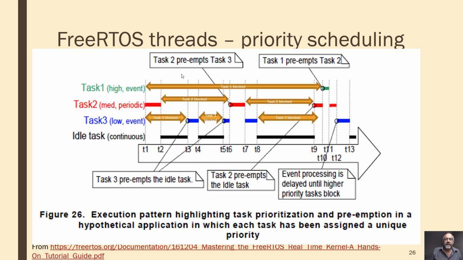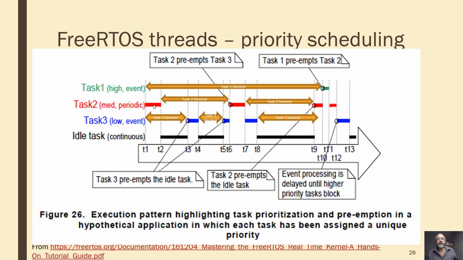And how this works is that the highest priority task, task 1, is blocked in the beginning. This arrow here shows how long it is blocked, until the moment that it starts here. We have the medium priority task that is running in the beginning, then blocked, then running, then blocked, then running.